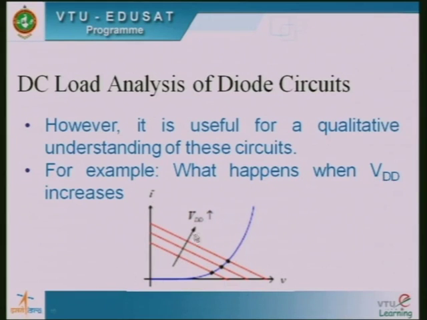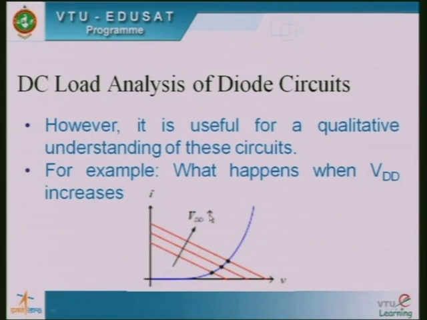Friends, you can see here the blue line is the VI characteristics of the diode, whereas the red line is the load line, having a slope of 1 by R.